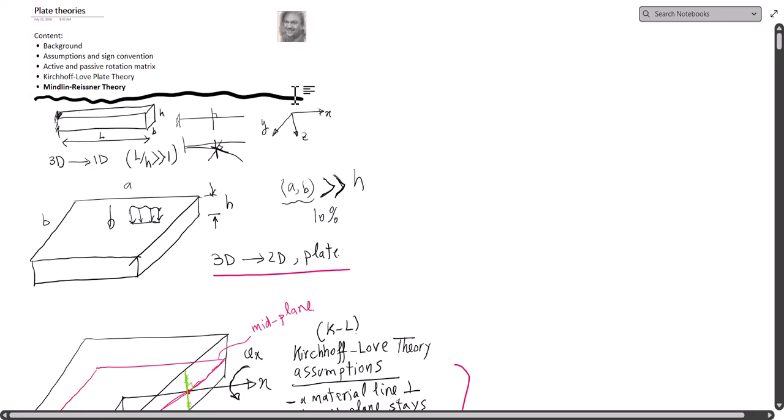Kirchhoff, sometimes also called technical plate theory, and the Mindlin-Reissner, sometimes referred to as simply Mindlin. One ignores shear deformation, and the second one, Mindlin, includes the shear deformation and the resulting equation as we discussed. Thank you very much.